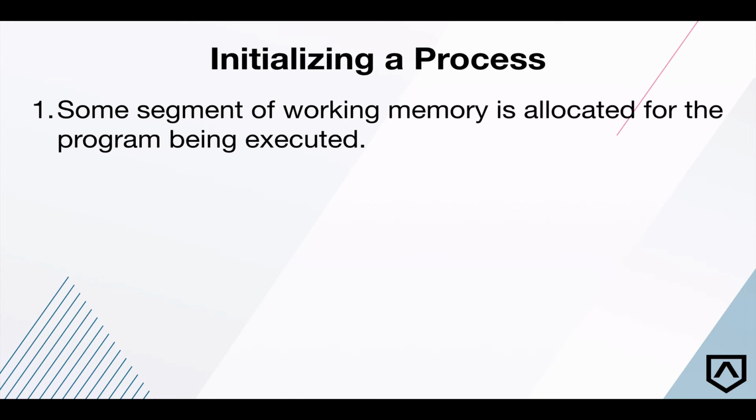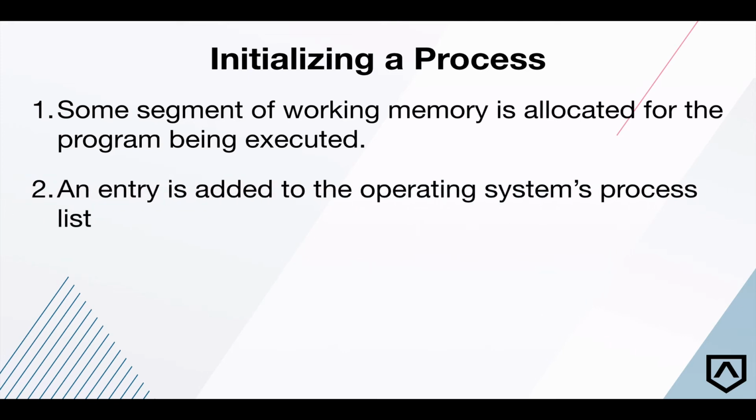Once that memory is allocated, then we can store things like the text and any other initialized data, the stuff that we saw when we were looking at that diagram, and it can all be put into the address space for the process we just initialized. Next up, we would also have to add an entry to the operating system's process list, right?